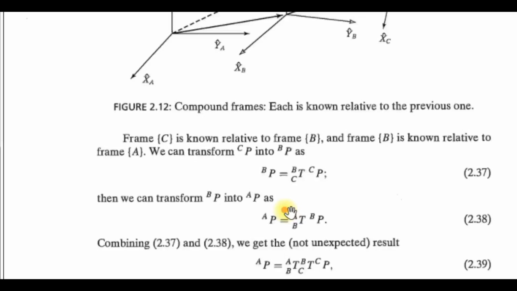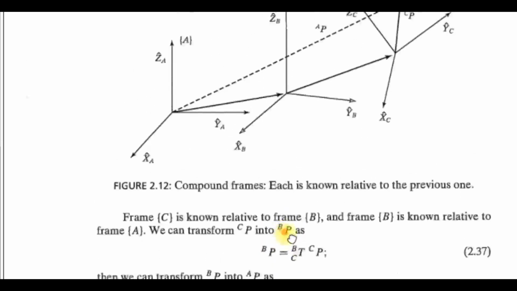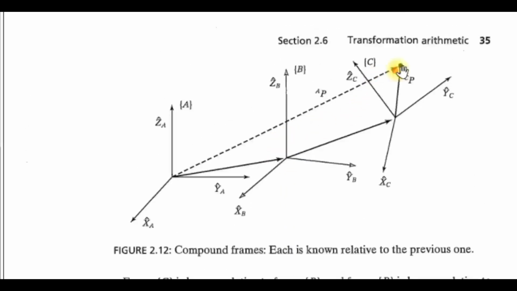So if I combine, because I want to know that C position with respect to A, but this point is moved through the B frame then C frame, we have to know the position of B and C also.